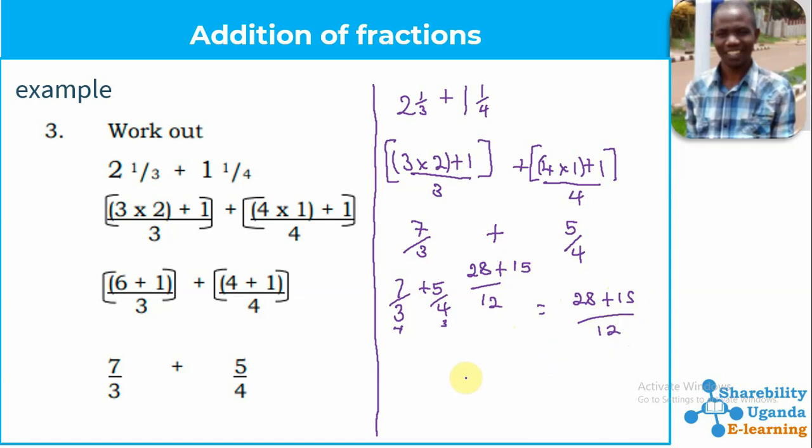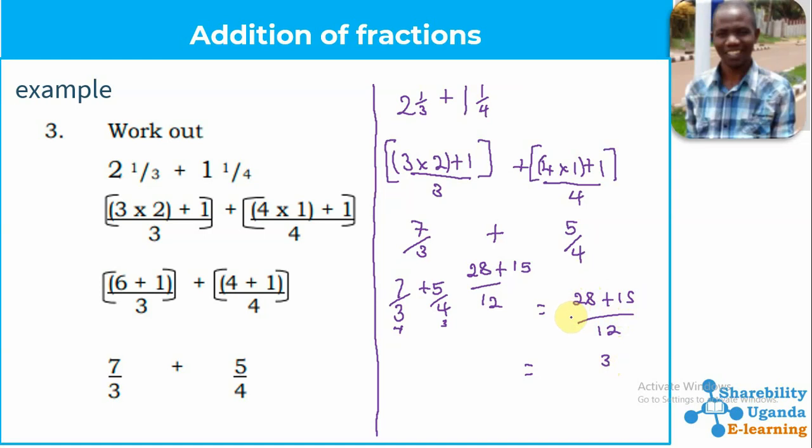So in this we shall now have our final answer. What is 15 plus 28? We can do it one by one. What is 5 plus 8? That is 13. We write 3 and carry 1. Then we say what is 1 plus 2?